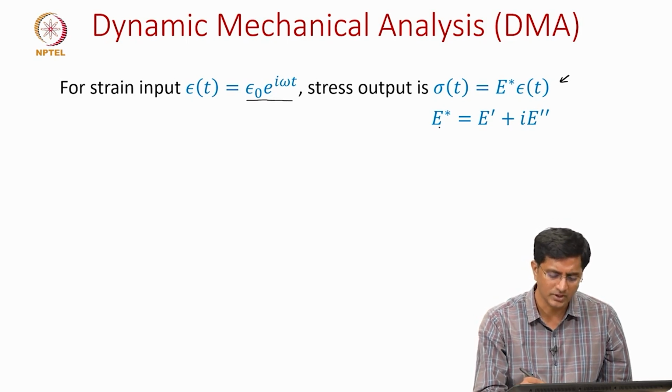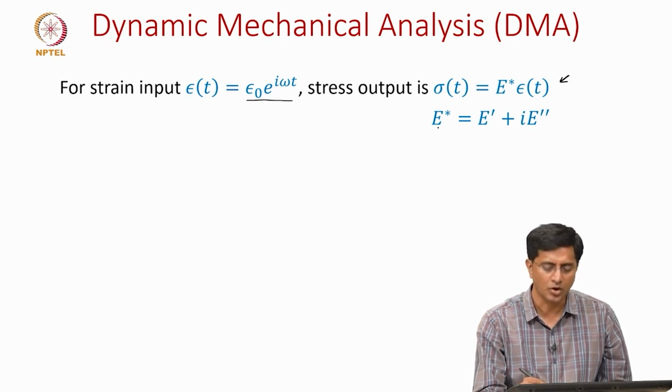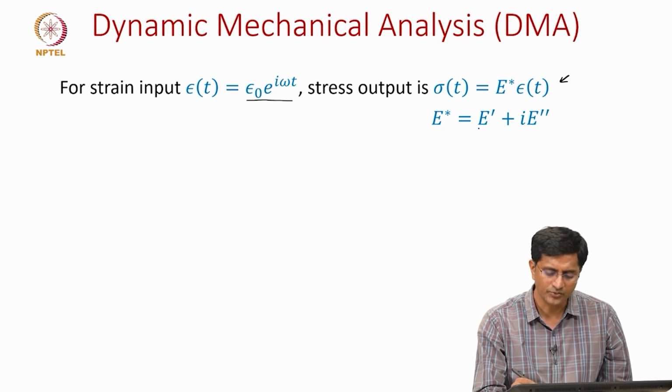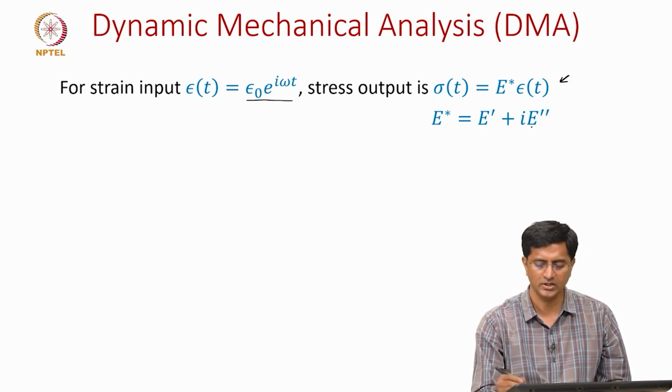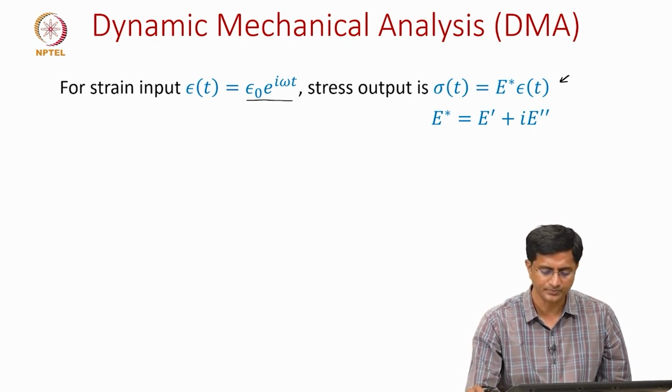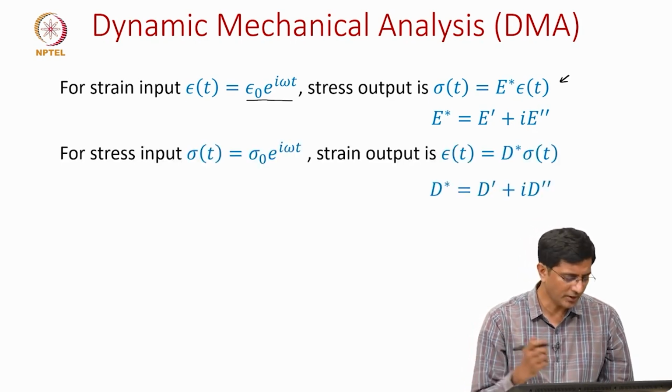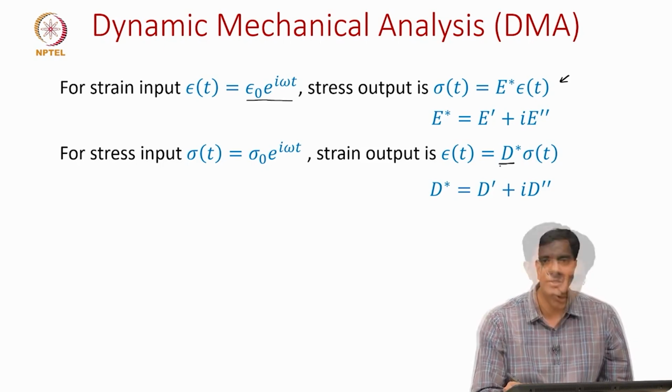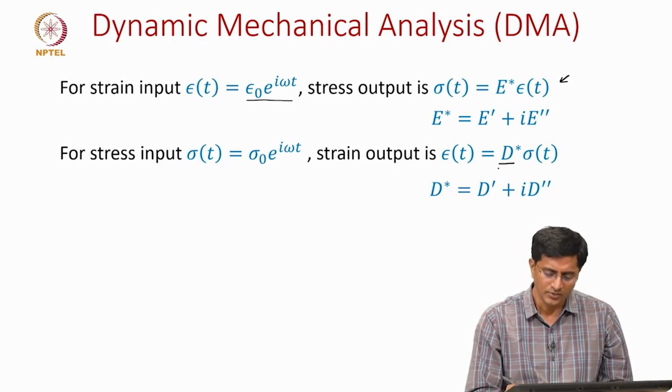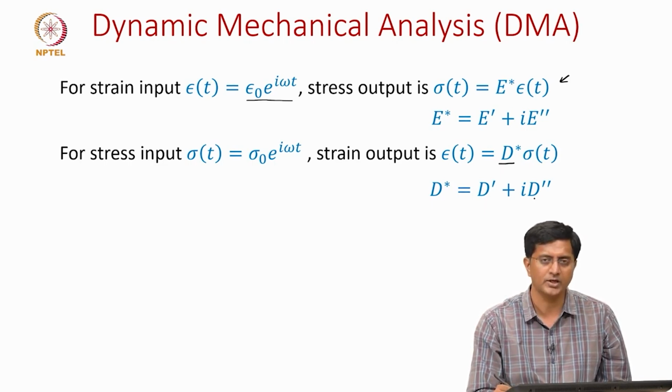Again, the complex modulus is the storage modulus plus i times the loss modulus E double dash. Similarly, for a stress input, we showed the strain output is written in terms of the complex compliance, which is written in terms of the storage compliance D dash and the loss compliance D double dash.